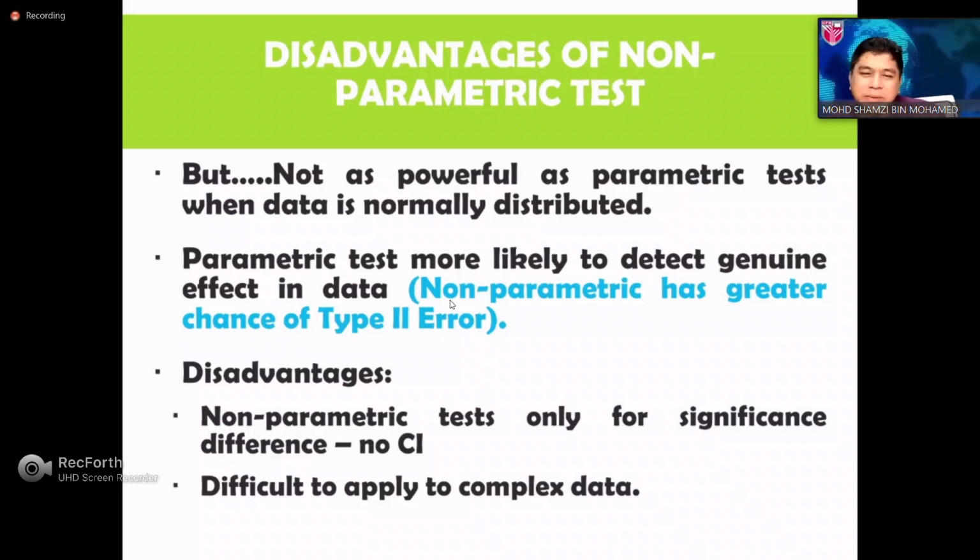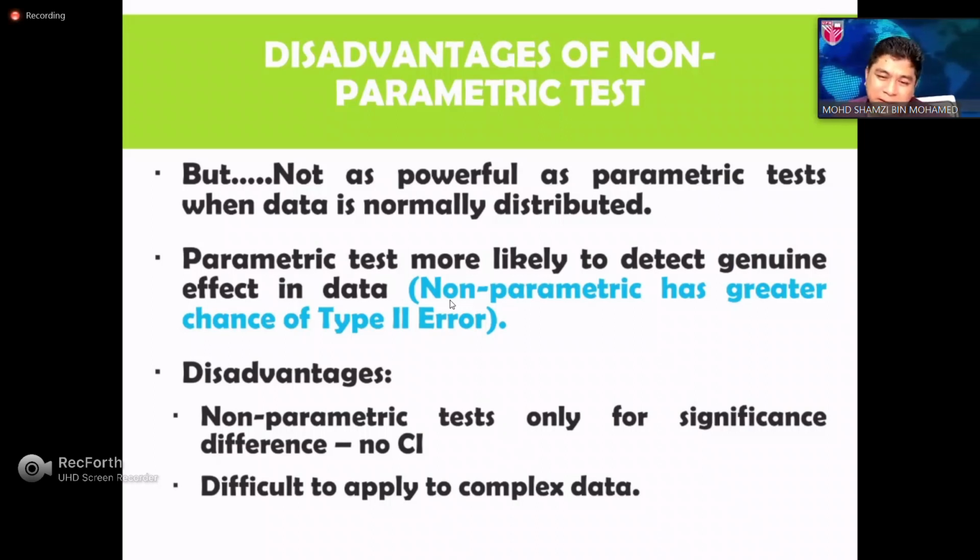Go straight away to parametric test. Parametric test is more likely to detect a genuine effect in the data. Non-parametric otherwise has a greater chance of type 2 error. If you recall from the previous lecture, type 2 error is a missed opportunity.